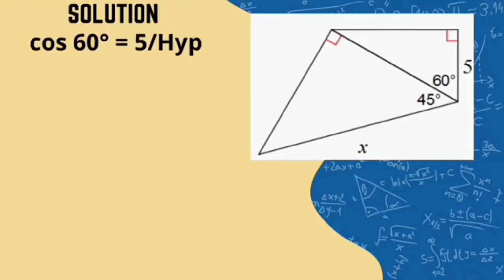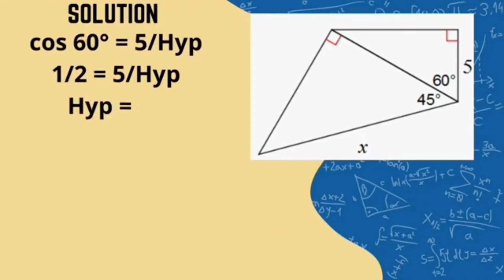From the solution, starting with the small right-angled triangle, cosine 60 degrees is equal to 5 divided by the hypotenuse. Without using a 4-figure table or a calculator, cosine 60 degrees is equal to 1 over 2. When you cross multiply this equation, the hypotenuse becomes 2 times 5, which is equal to 10.